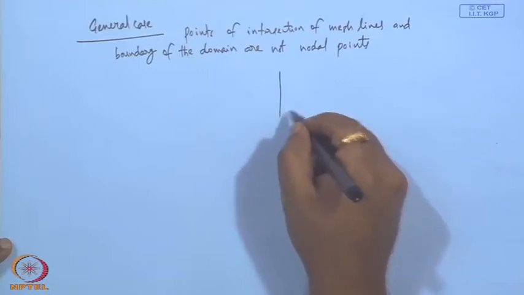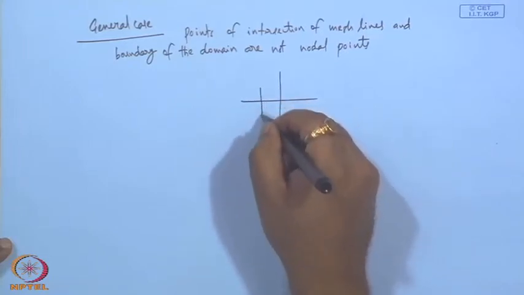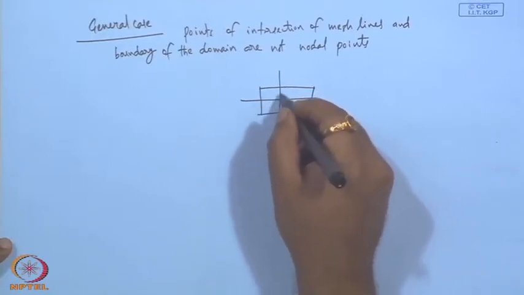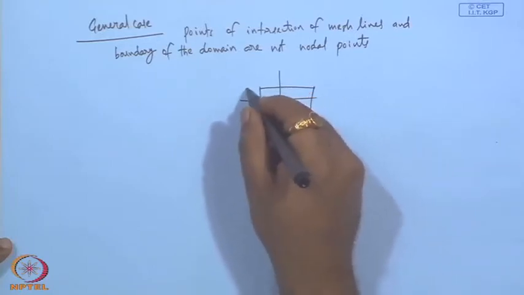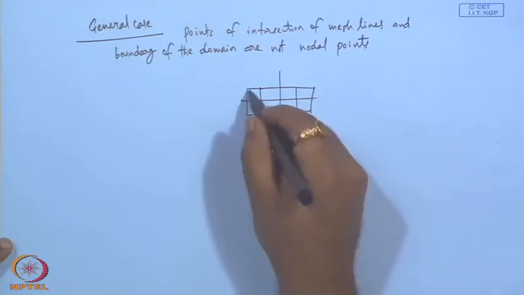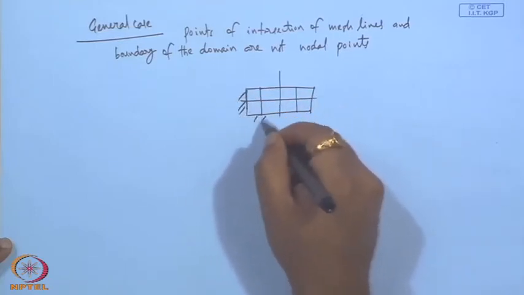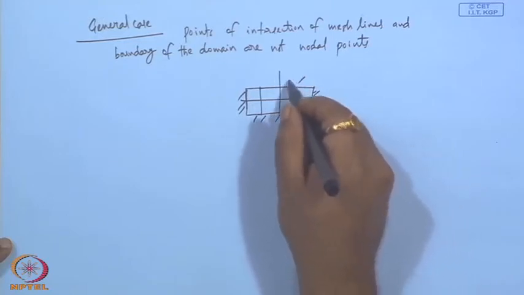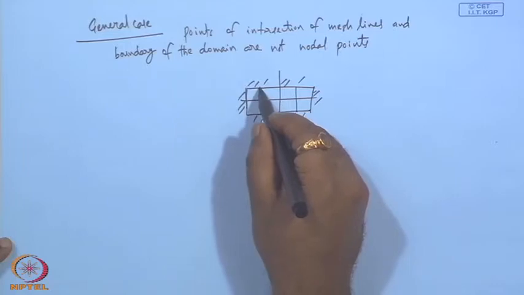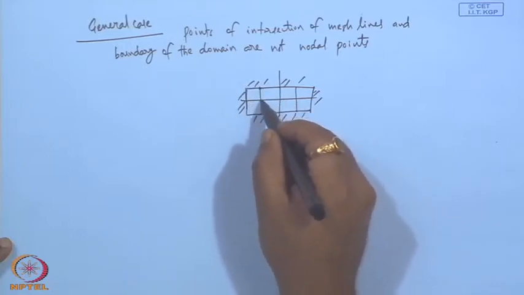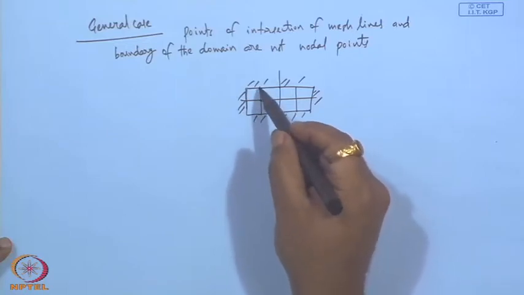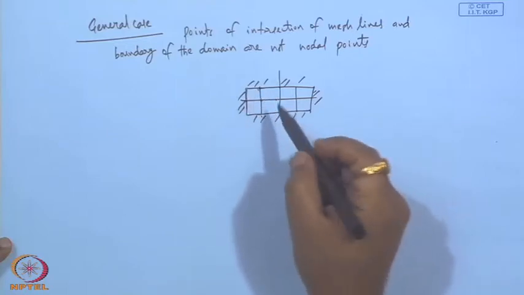For example, suppose I take this domain. When we discretize, you see, this is a nodal point. When we run the discretized standard formula, it asks for these two values, these two values.